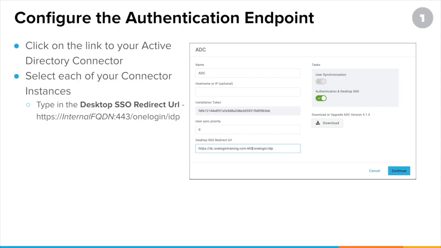So hostname dot whatever the Active Directory domain is, basically. In this case, dc.onelogintraining.com. Then :/1login/IDP. So basically, same URL you're going to configure for each one of these connector instances. The only thing that will change will be that internal FQDN value.